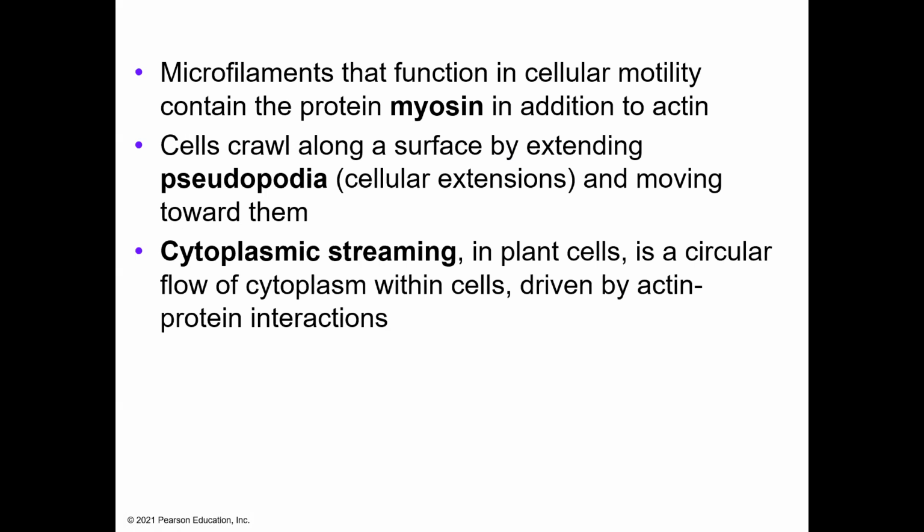Cells will crawl along a surface by extending what we call a pseudopodia, which is like a fake foot, and moving towards them. Cytoplasmic streaming can be found in plant cells, which is a circular flow of the cytoplasm within the cells, driven by an actin-protein interaction.